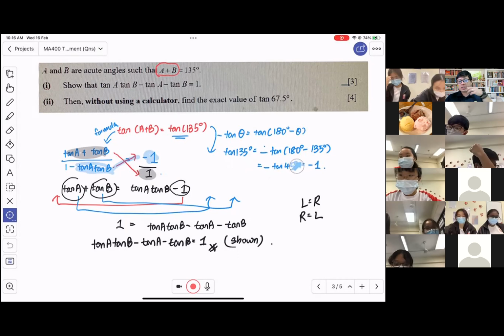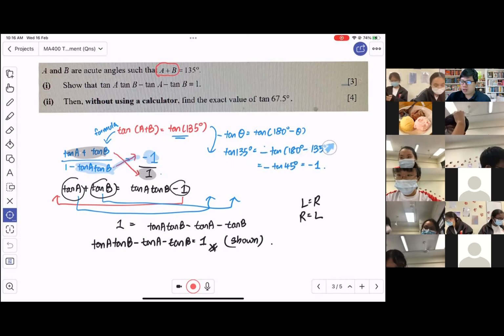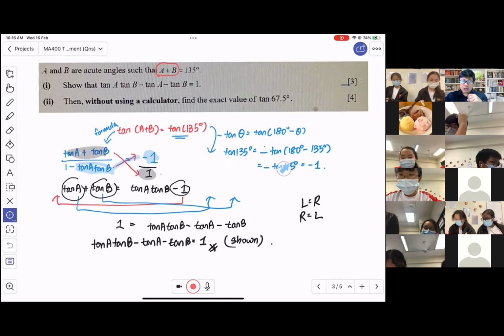Another way is I can say that tangent 135 is the same as negative of tangent 180 minus 135, which is negative of tangent 45. And 45 is a special angle, so negative of tangent 45 will be equal to negative 1.